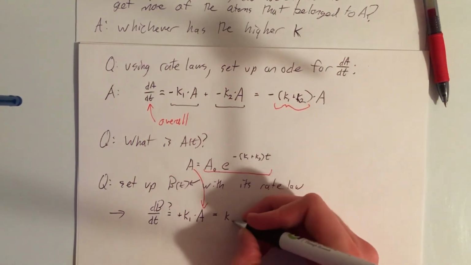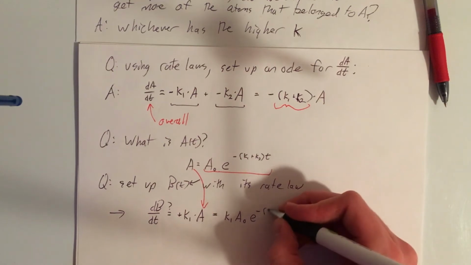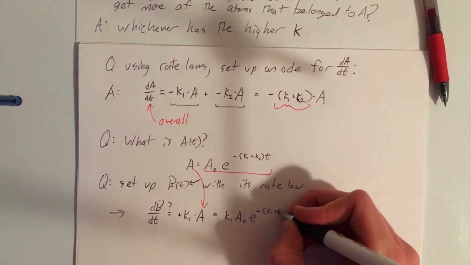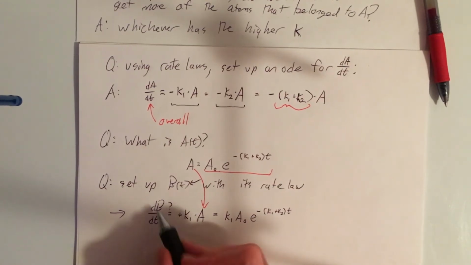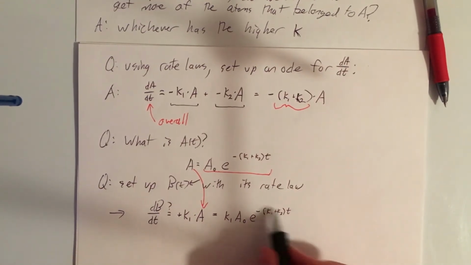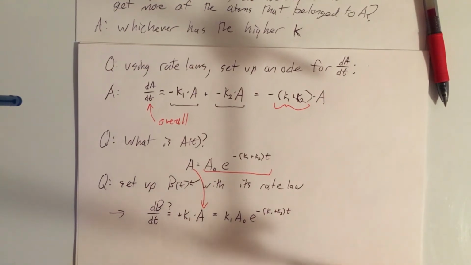When we make that substitution, we have A naught e to the minus (k1 plus k2) t. And then we have just dB/dt and things just in terms of a function of time. So we no longer need to solve things as a system of ODEs.